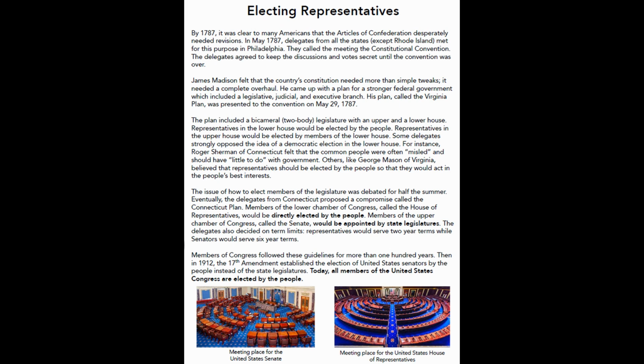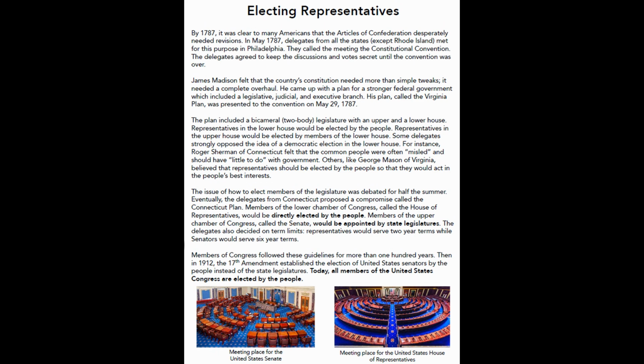The issue of how to elect members of the legislature was debated for half the summer. Eventually, the delegates from Connecticut proposed a compromise called the Connecticut Plan. The members of the lower chamber of Congress, called the House of Representatives, would be directly elected by the people. Members of the upper chamber of Congress, called the Senate, would be appointed by state legislatures.